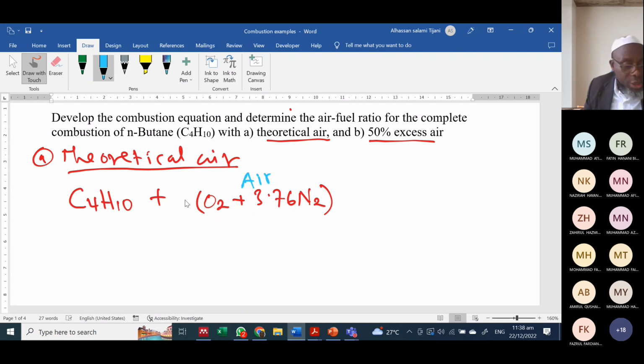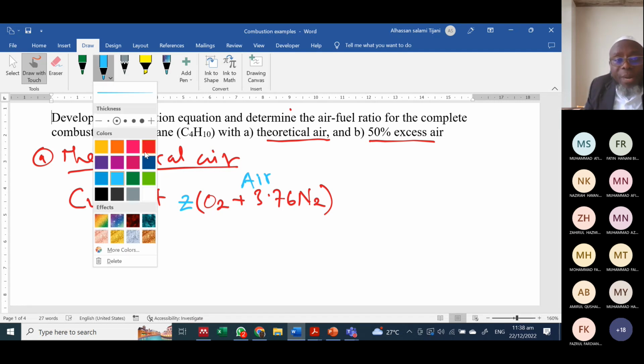Okay, but since we don't know how many moles of air is used for the reaction, we need to calculate that. We name it Z, the number of moles of air which is used for the complete combustion. That's what we want to calculate.